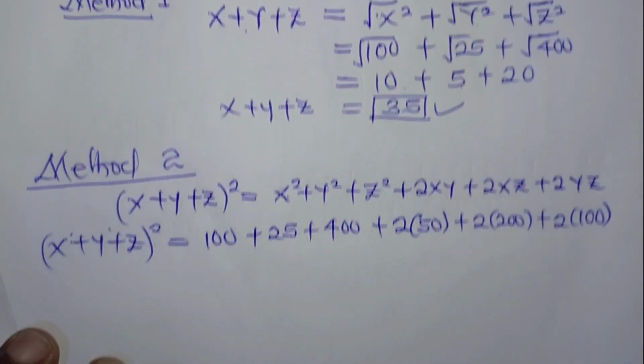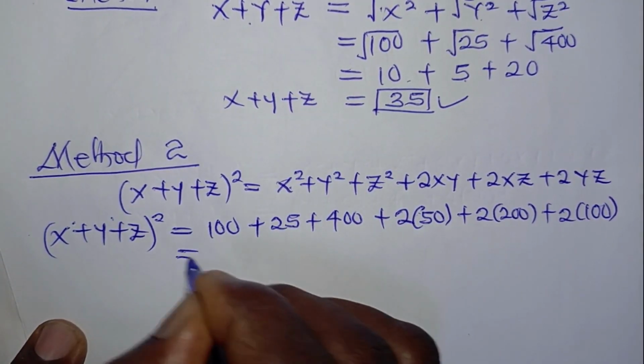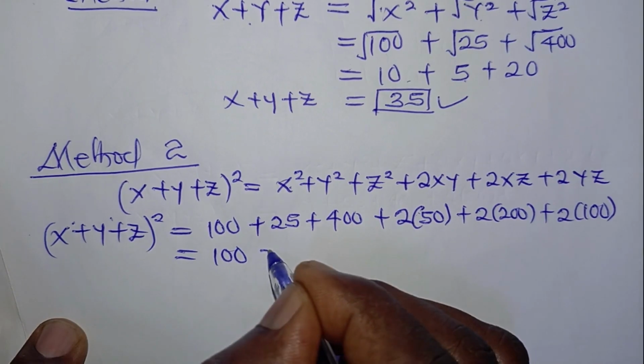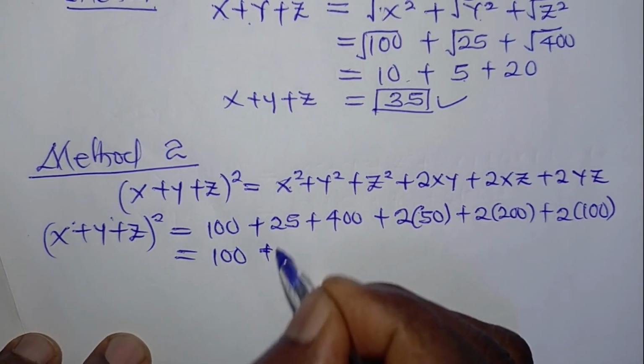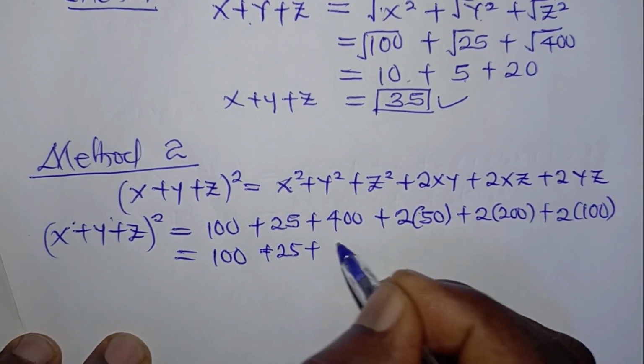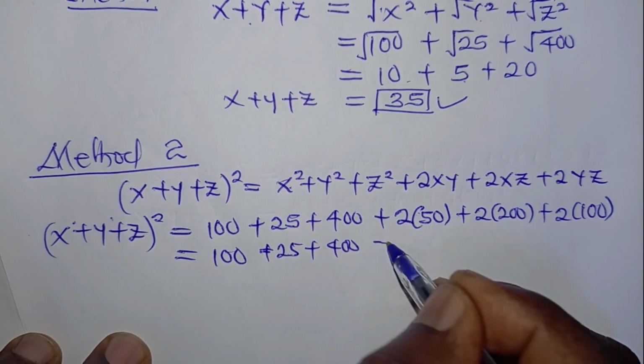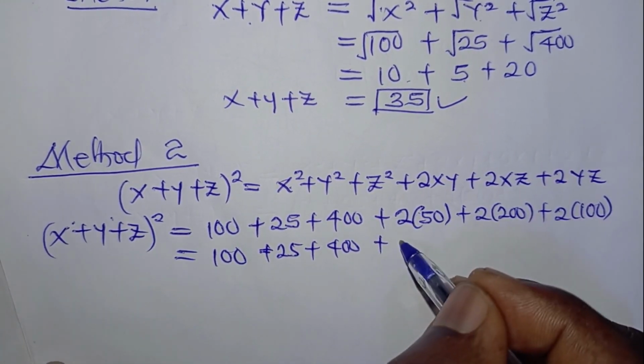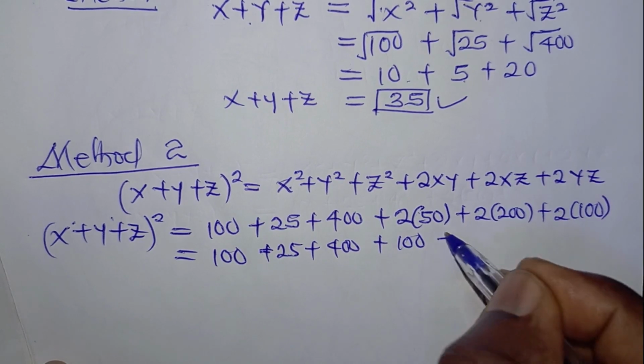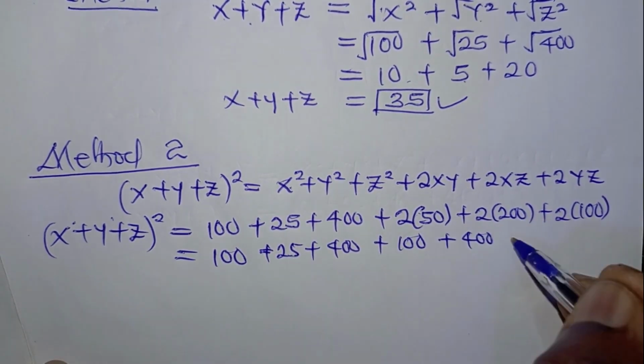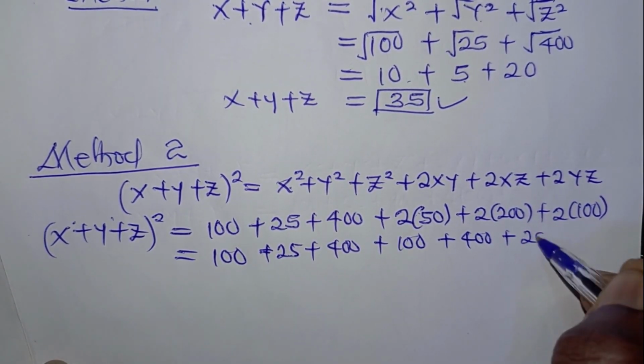So we have 100 plus 25 plus 400 plus 100 plus 400 plus 200.